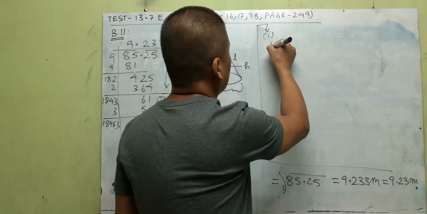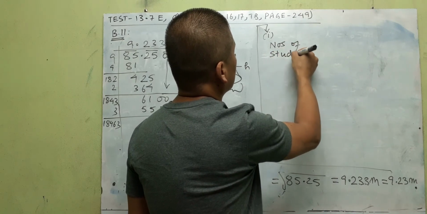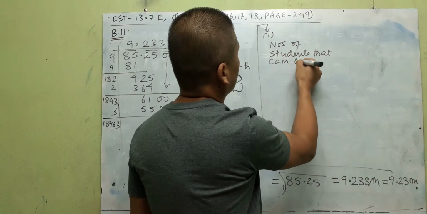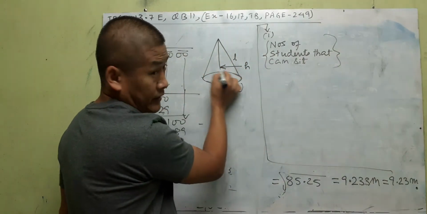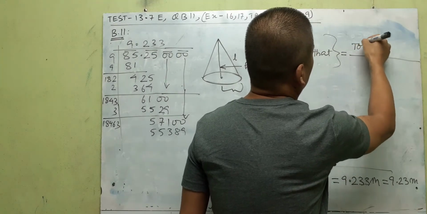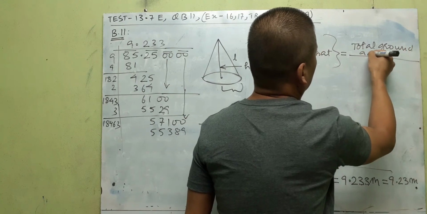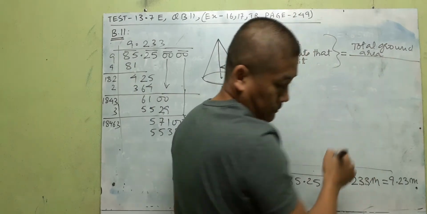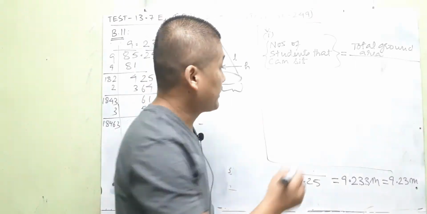So, number of students that can sit on the ground. Okay, on the ground means this circular area inside the tent will be equal to total ground area available, that is the circular full area, divided by the space occupied by one student.